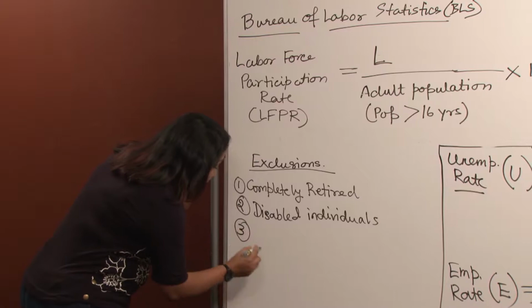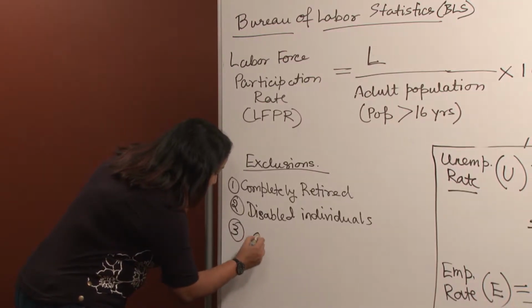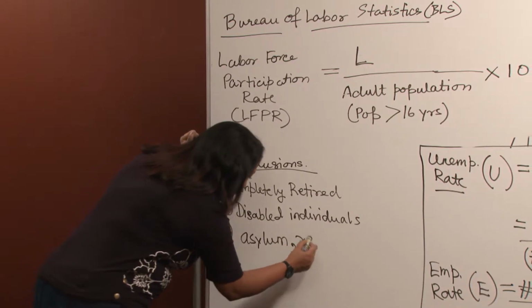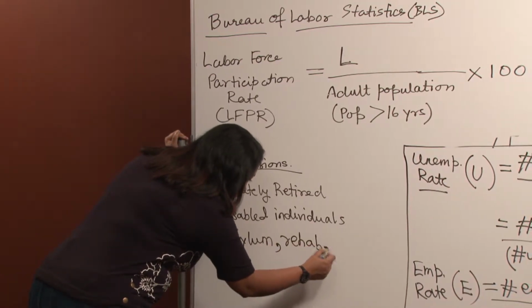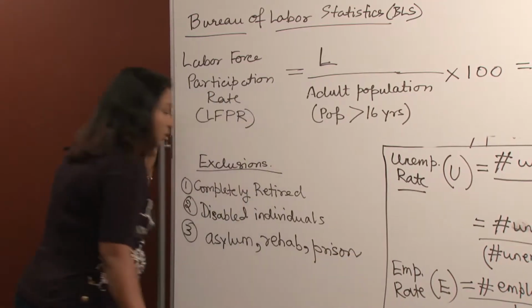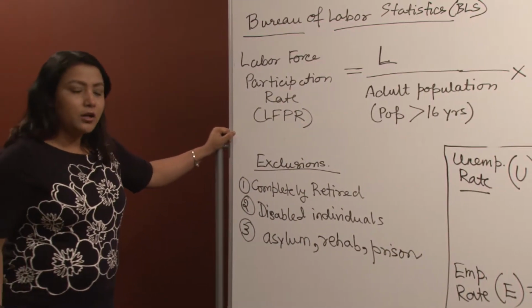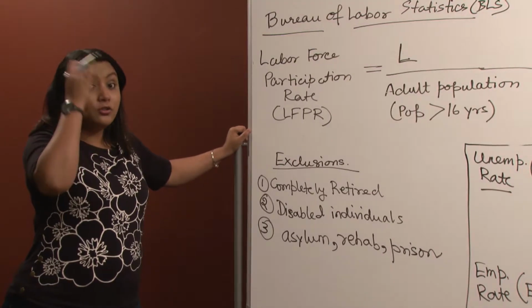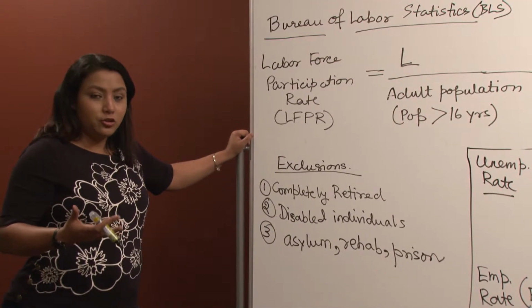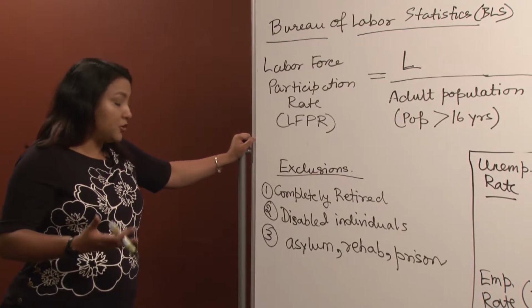The third would be people in any kind of asylum or rehab or prison. They do not count because they are not currently contributing, or really cannot be searching for work to contribute to the production process, because they are in a special facility.